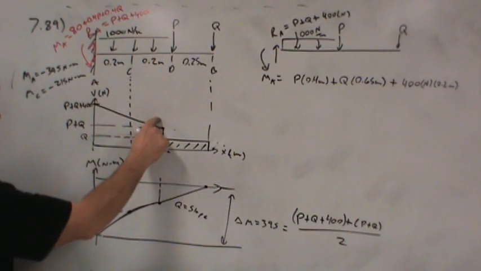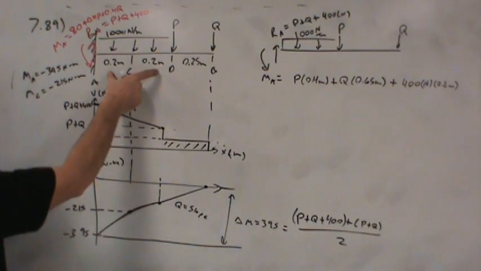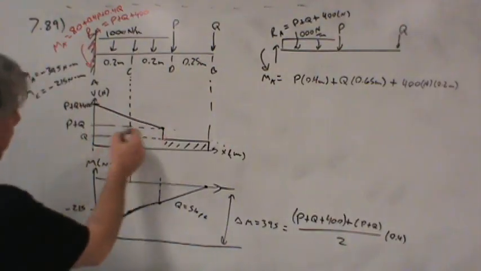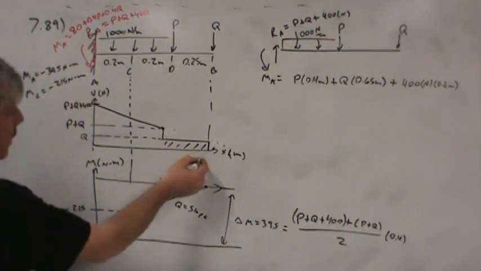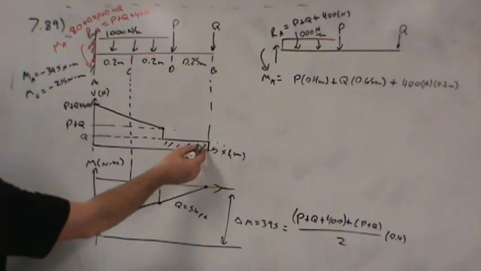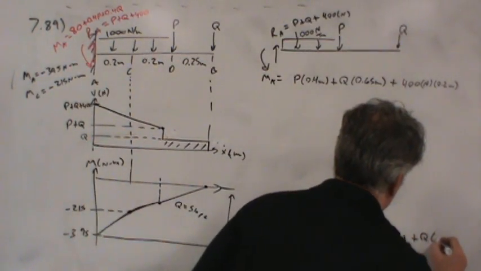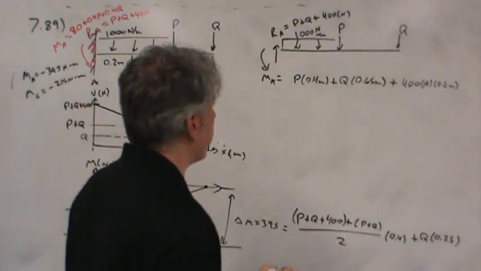So I found the average height, and now I'm going to multiply it by the width, 0.4 meters. That's the area of this section. And then we've got this area to contend with as well, which is simply Q times 0.25. So plus Q times 0.25. This will begin to look familiar in just a second.